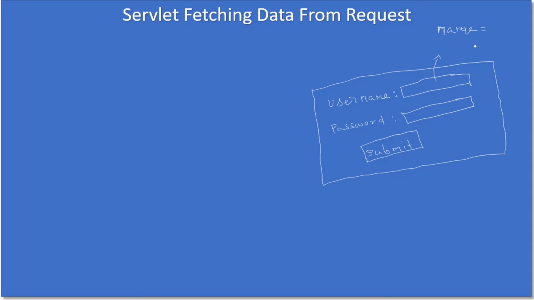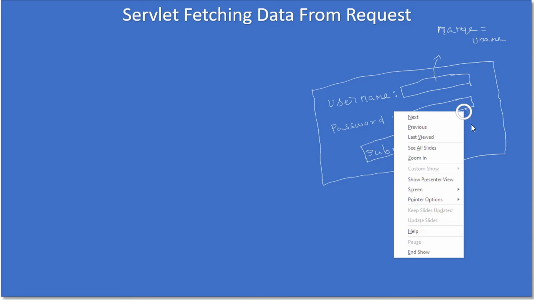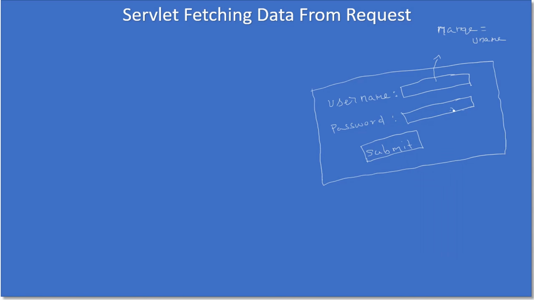Let us assume the name is uname, and we will assume that the name for the password field is password. Both these fields are input text fields. Now let us say we are posting this to the web server.